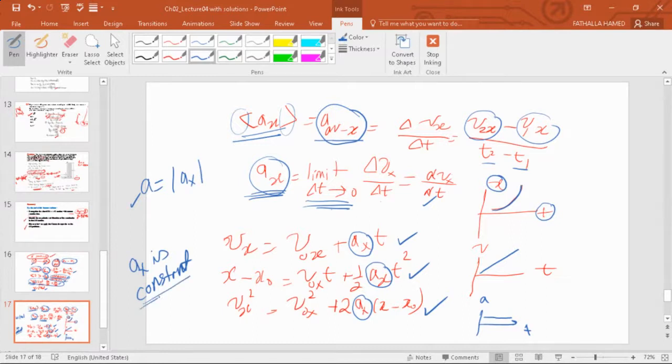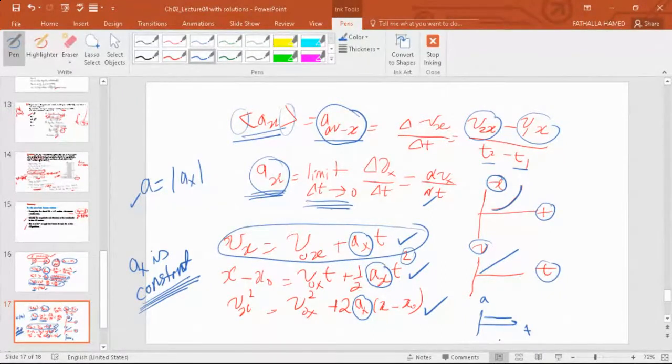But remember, we did that when ax is constant. Now you have here a square, so if you do a position time graph, you'll get a curve like this. If you want to do a VT graph, this is basically the equation that you can use for your velocity as a function of time.